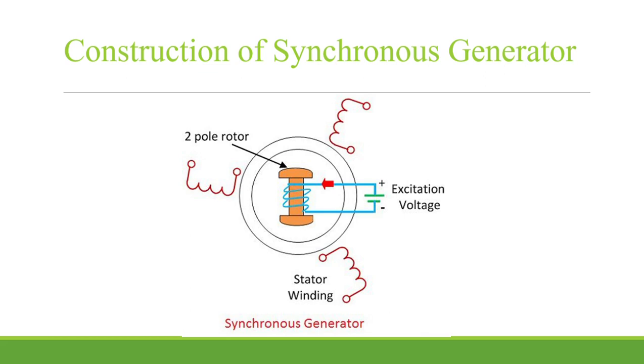So EMF can be generated if the field rotates and the conductor is stationary. The relative motion between the conductor and the field will induce the EMF in the conductor, and the EMF induced and the current produced will be of the wave shape of a sine wave. So this is practically the working of a synchronous generator.